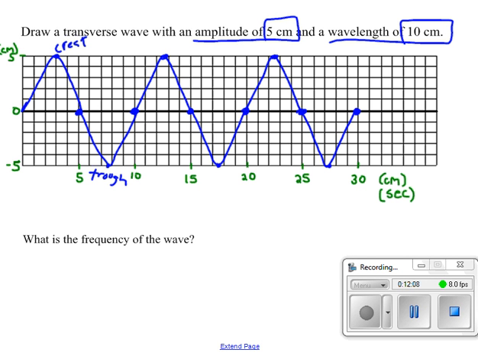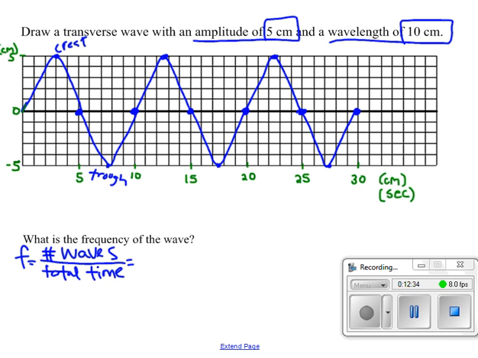But again, I have to calculate what the frequency is. So let's do both ways, like I did on the first problem. Frequency is number of waves over total time. So I'm going to count my waves.